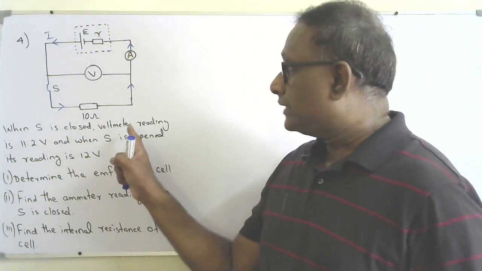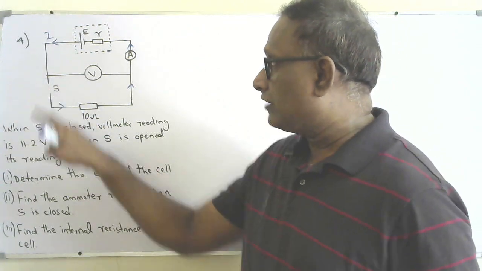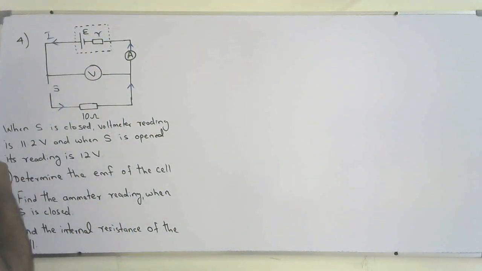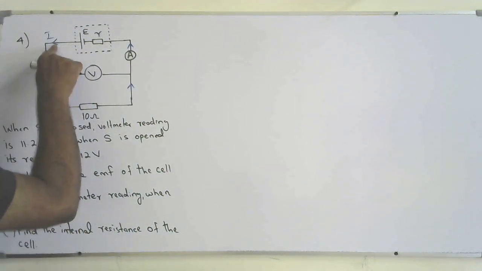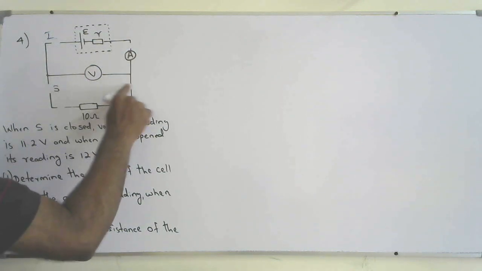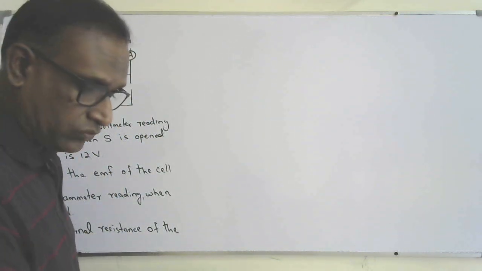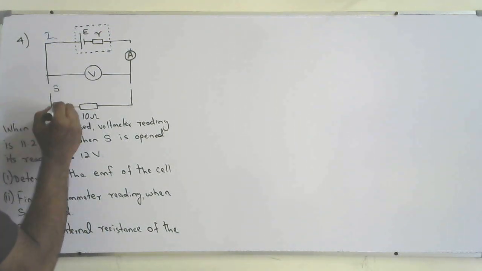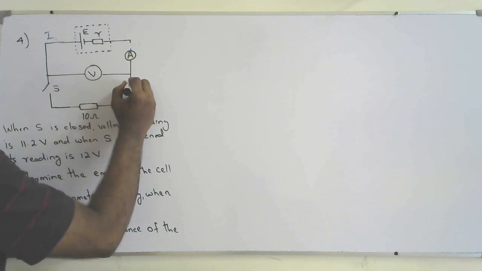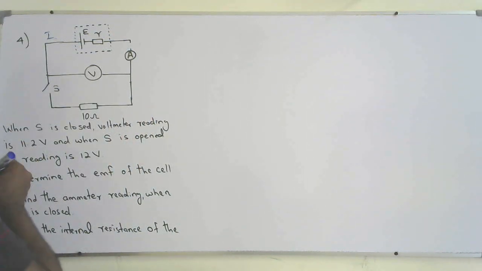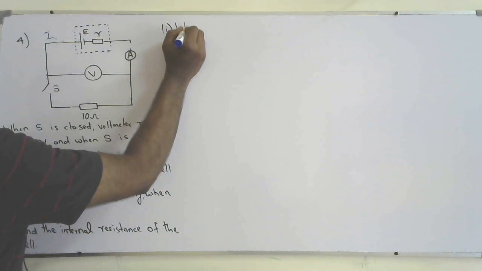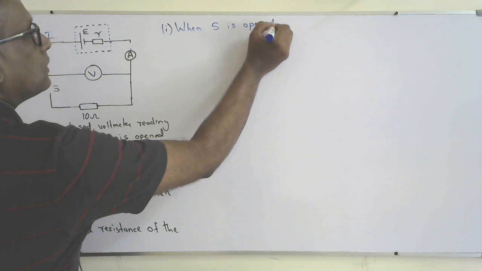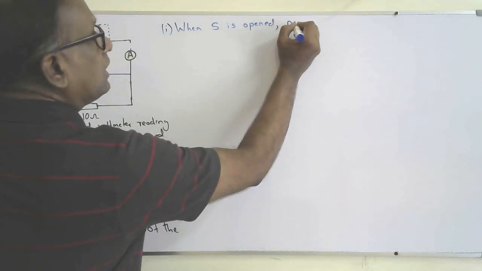But when S is open, there won't be any current flow because current through the voltmeter is negligible since its resistance is very large. So when S is open, there is no current flow through the cell. So when there is no current flow through the cell, what will happen? The voltage across the cell will be equal to the EMF. So for the first part answer, when S is open, no current flows through the cell.